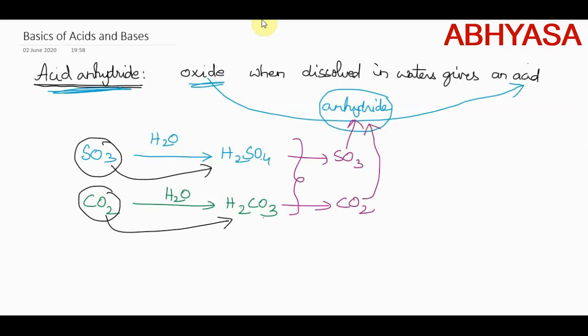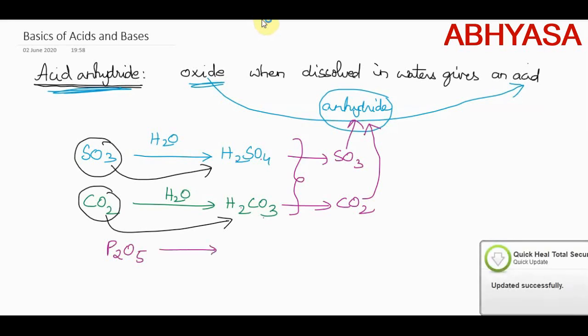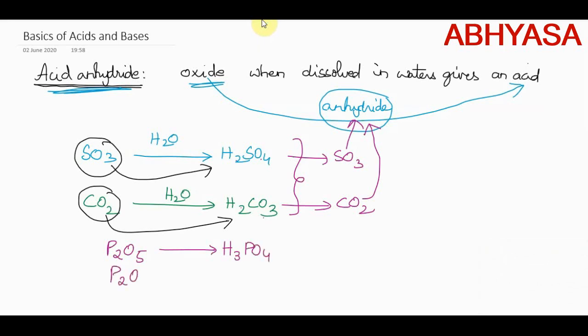The same way, we come across several examples, like if you take the case of phosphorus pentoxide, this is the anhydride of phosphoric acid. When we take phosphorus trioxide, this is the anhydride of phosphorus acid. This is phosphoric acid.